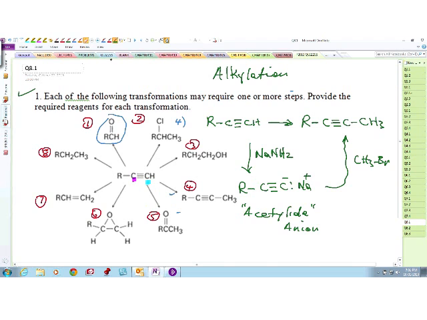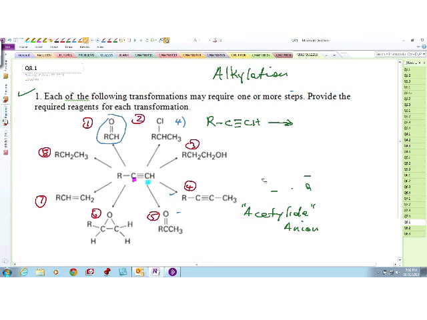Okay, let us do 5. You got this? For 5, to this here.